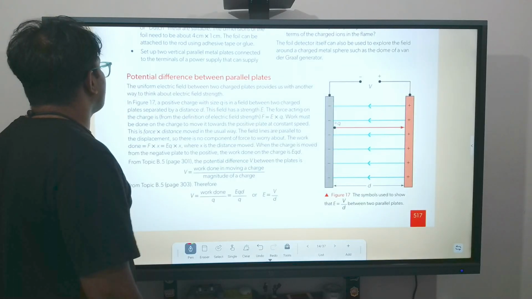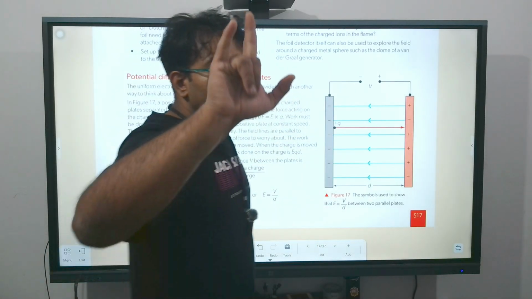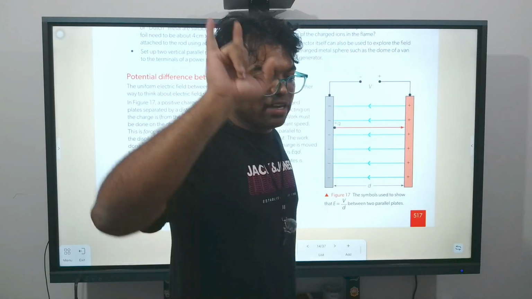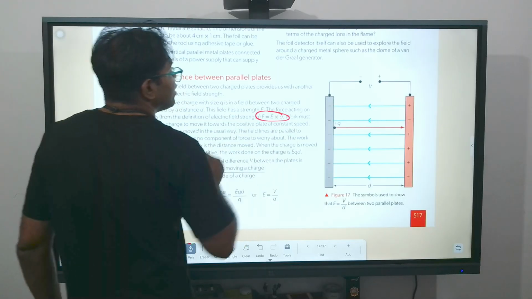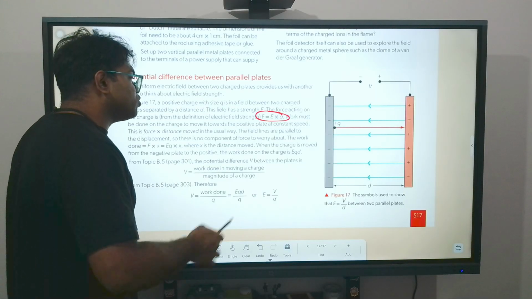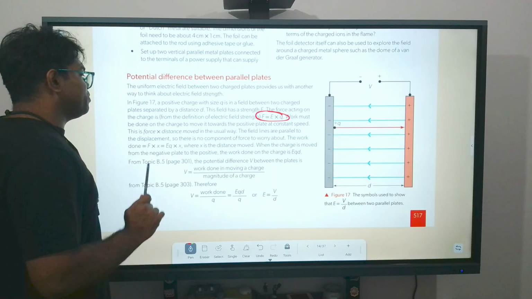The force acting on the charge is what? Force is equal to the force per unit charge multiplied by charge, that is, electric field multiplied by charge. So force is equal to electric field multiplied by charge. Work must be done on the charge to move it towards the positive plate at a constant speed.